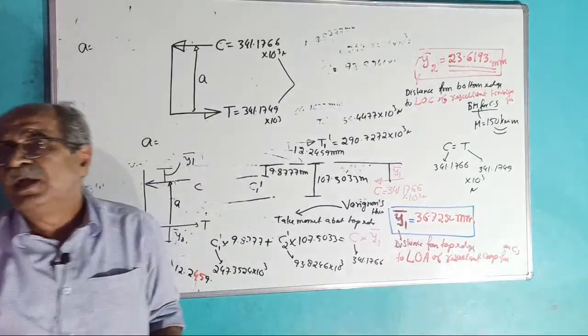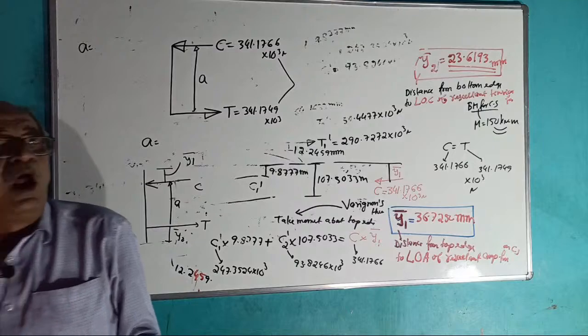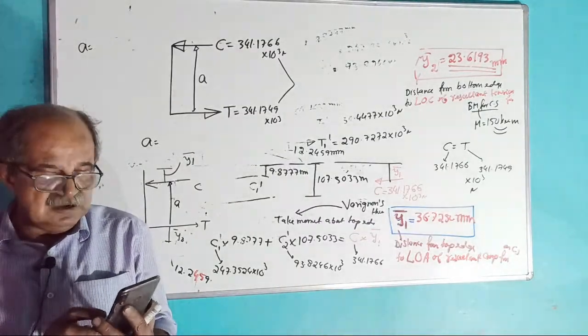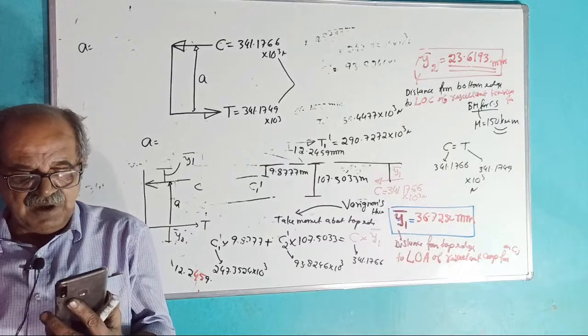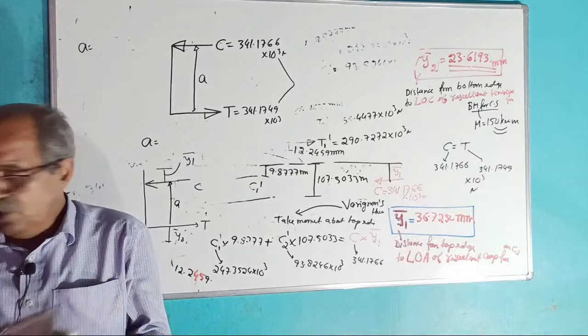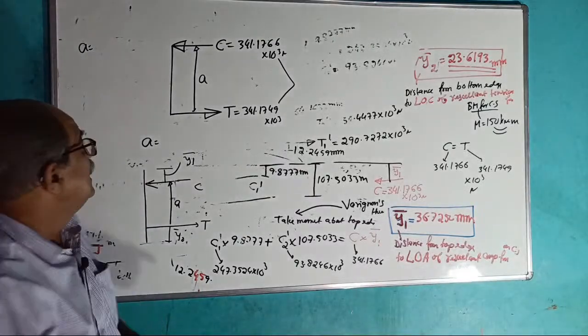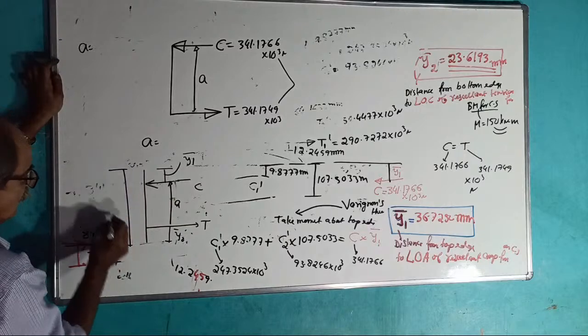How much? Tell me. What is the overall depth of beam? Full depth of beam. First, what is the overall depth of beam? 500 millimeter. So that total is 500. See, this total is 500.